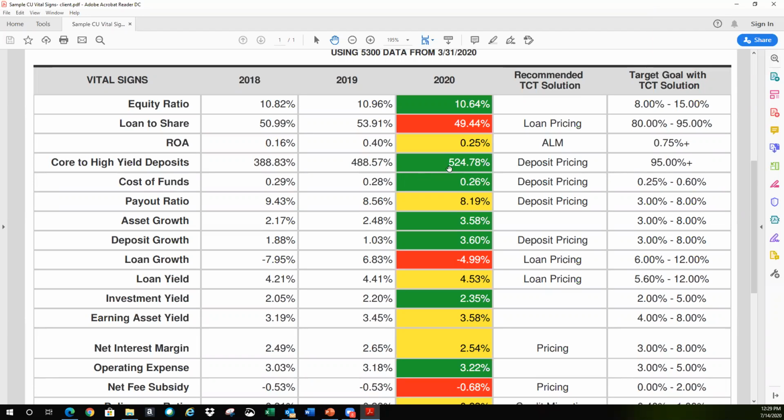And in this case, you'll see that this credit union has $524 of checking and savings for every $100 of money markets and CDs. So they've been very efficient in making sure that they're building their credit union's performance on the lowest cost deposits. Let me rephrase that, the lowest cost raw materials they possibly can.